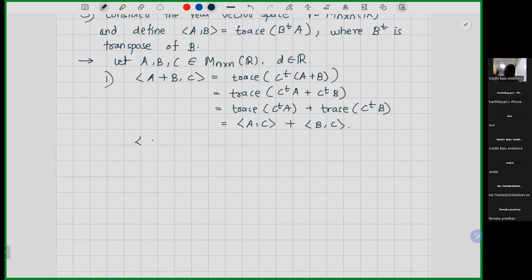That was the addition, and now the scalar multiplication. This dA comma B will be the trace of B transpose dA.